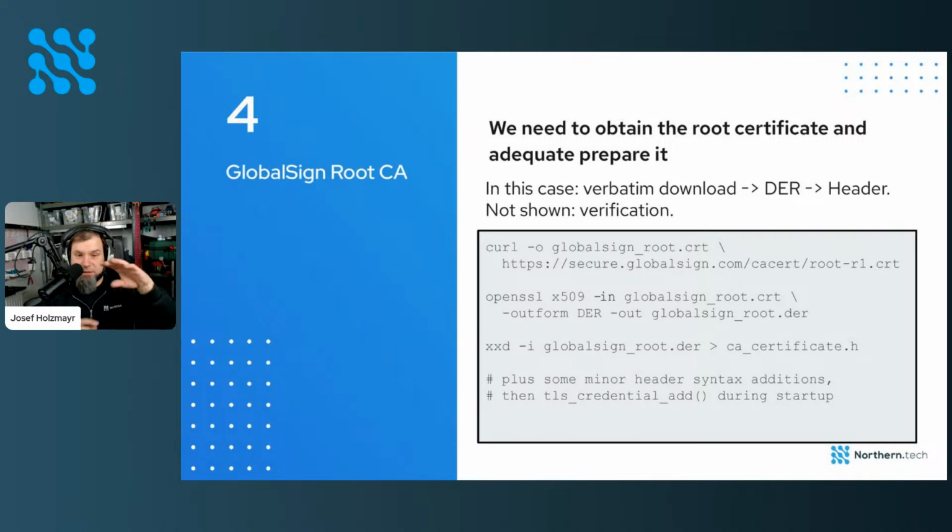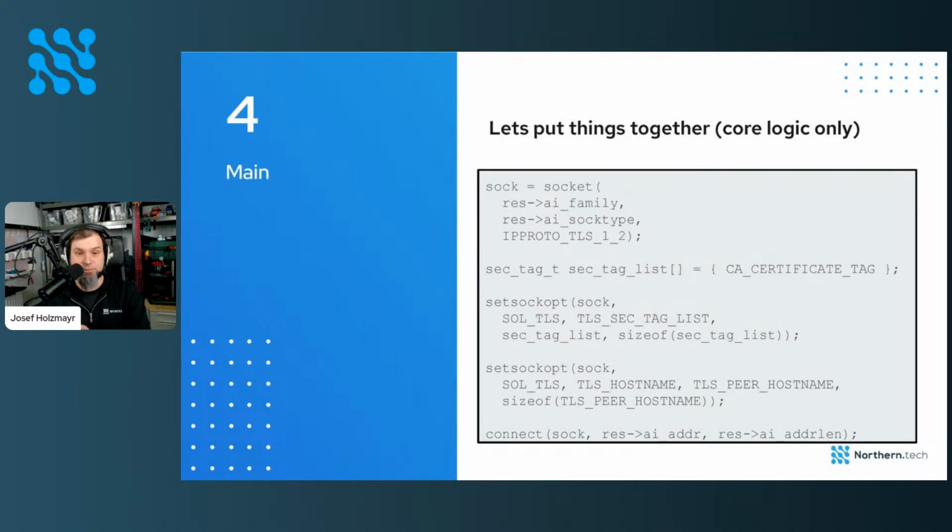Then we just need to add inclusion guards. We can rename the structure, whatever we want. But at this point, we have the one certificate, which is crucial for our upcoming connection, ready to be built into our application.